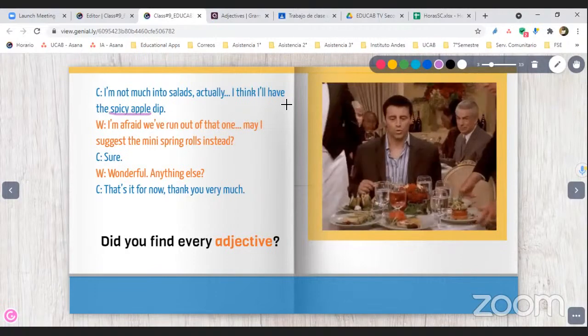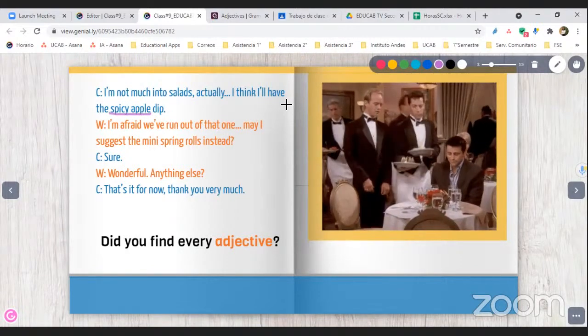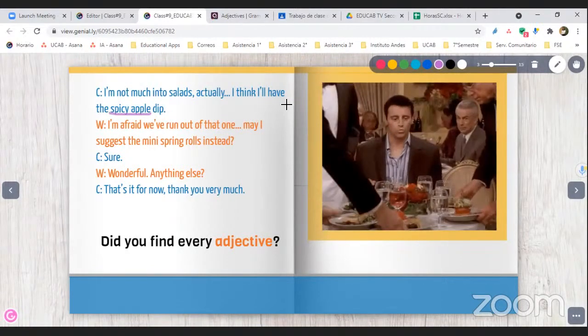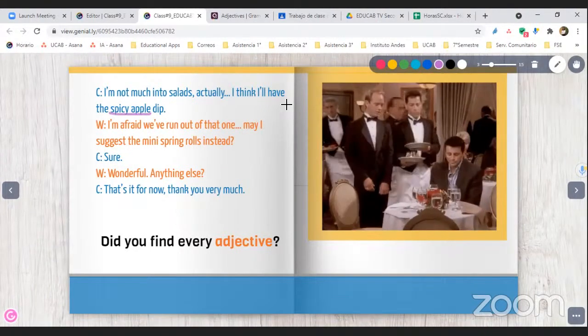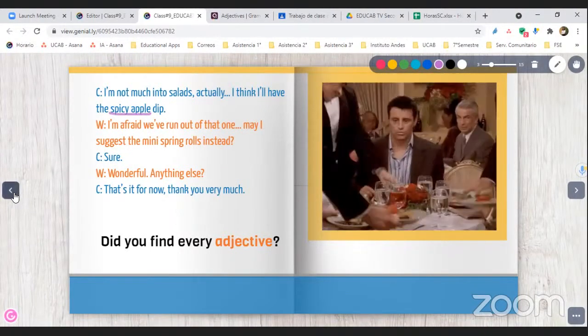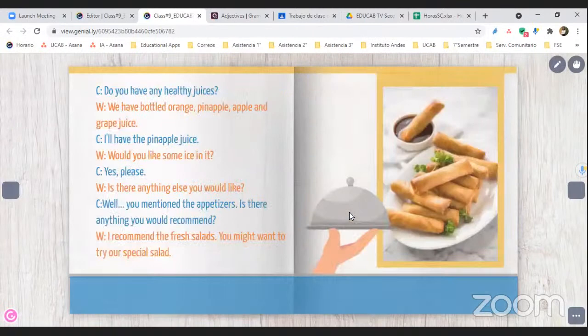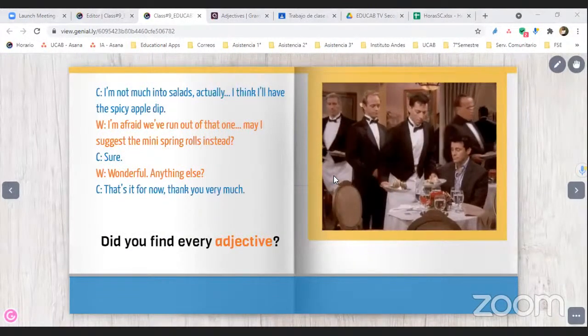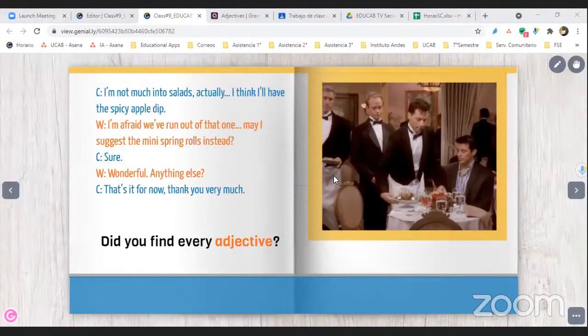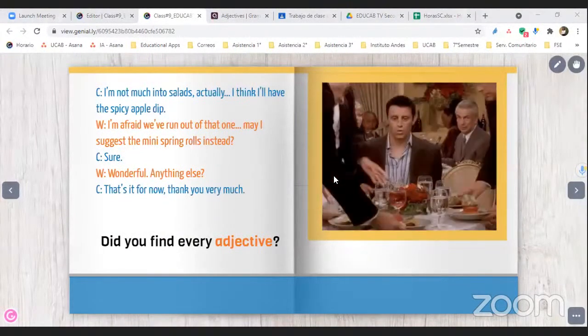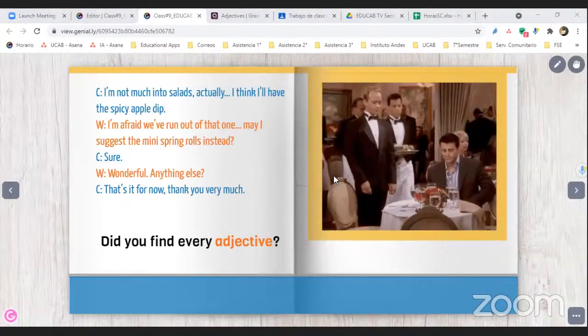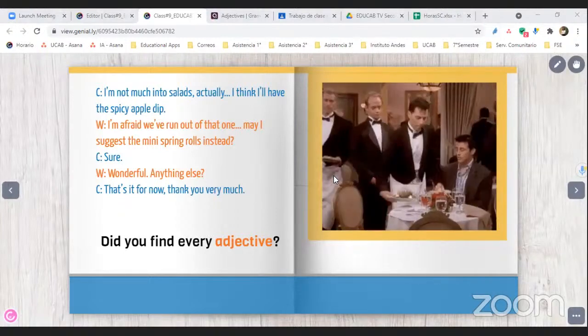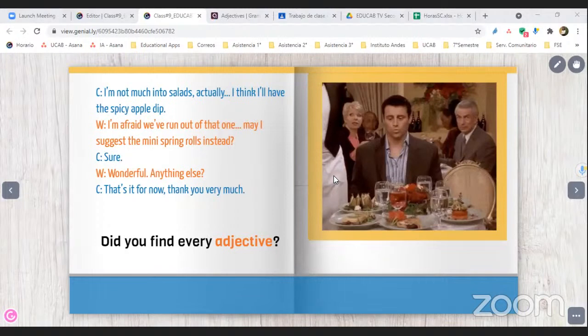Then: I'm afraid we've run out of that one. May I suggest the mini spring rolls instead? The mini spring rolls, remember, like this one, like lumpias. Do you see an adjective there, or maybe adjectives? As Leticia says, mini spring.